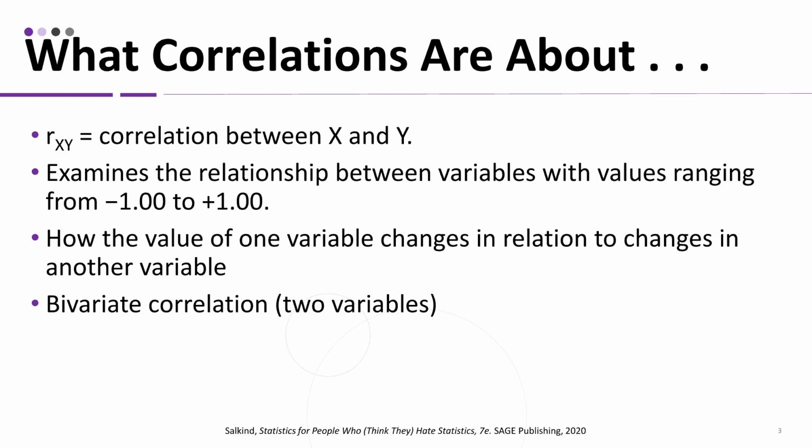We're dealing with bivariate here, meaning two variables, bivariate correlations. So a 0 is going to represent no relationship whatsoever, and then the closer we get to -1 represents a stronger negative relationship, and the closer we get to +1 represents a strong positive relationship.